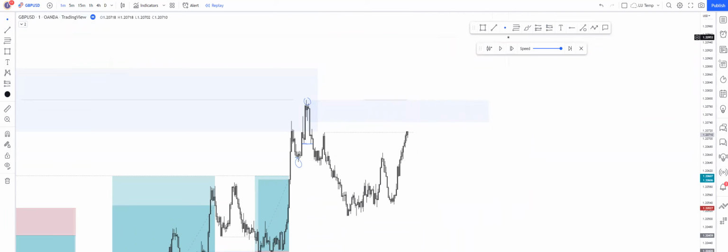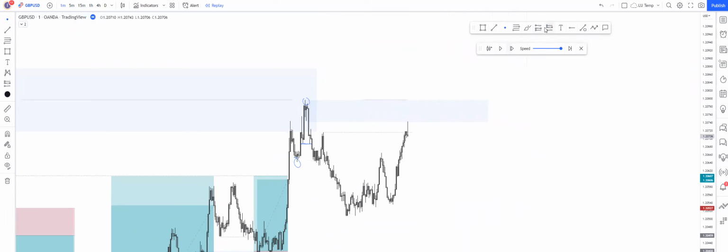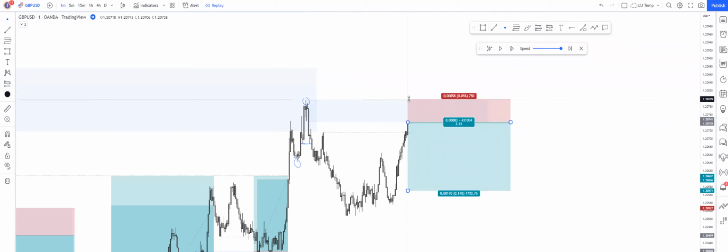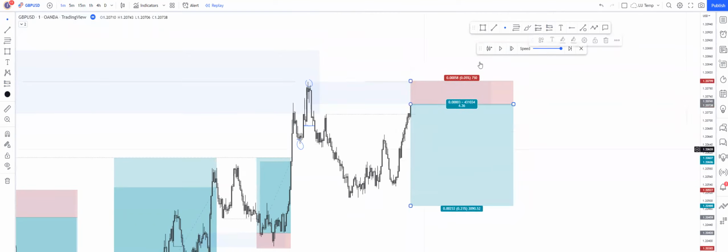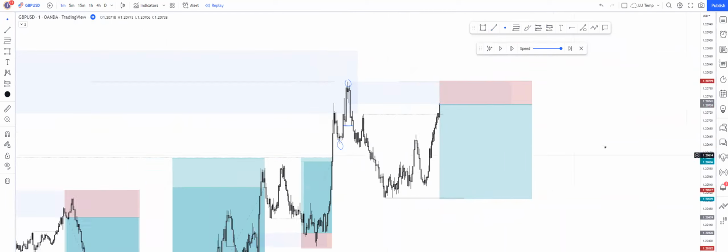That's 5 pips. All right. Let's take it. There's already a 1 to 4. Not bad.